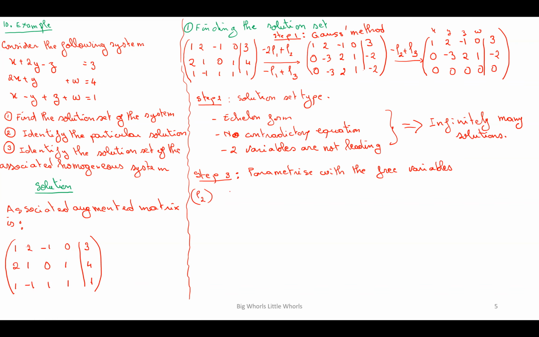Row 2 is minus 3y plus 2z plus w equals minus 2.